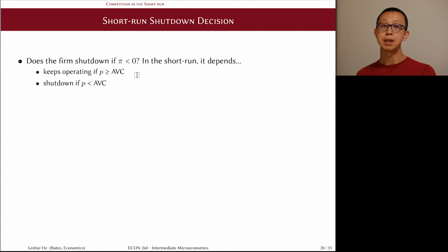Although it cannot fully make up for the entire fixed cost, so the profit is still negative at the end, but it does help make up some part of it. So operating is better than shutting down. On the other hand, if the price is below the average variable cost, then the firm is better off shutting down to avoid further incurring losses on top of the fixed cost.